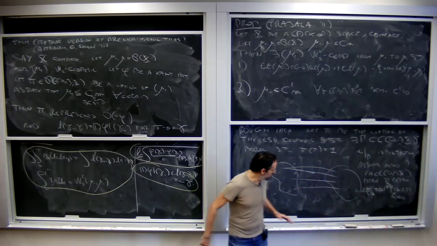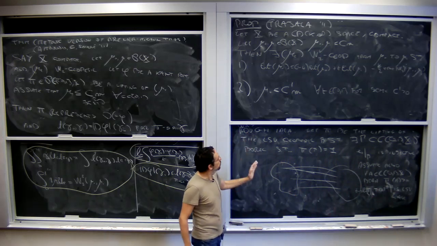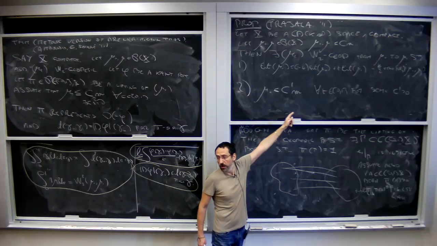What am I saying? I'm saying this plan is such that whenever I look at its marginals they satisfy the inequality in one.